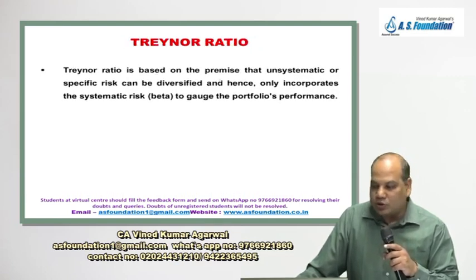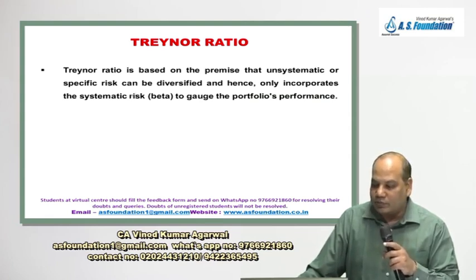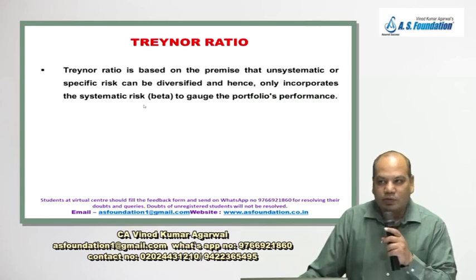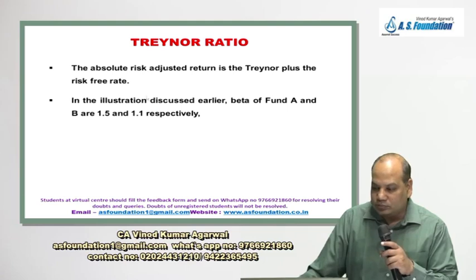Treynor ratio is based on the premise that risk is of two types, systematic and unsystematic. Unsystematic risk is called firm specific risk. Diversifiable risk can be diversified and hence only incorporate the systematic risk, that is called non-diversifiable risk, to gauge the portfolio's performance.